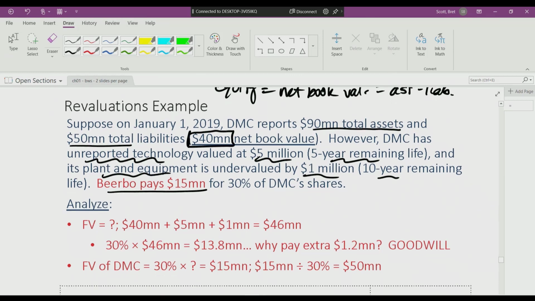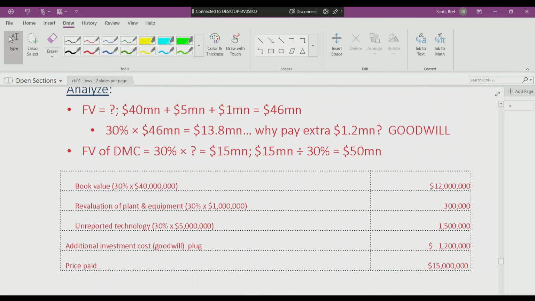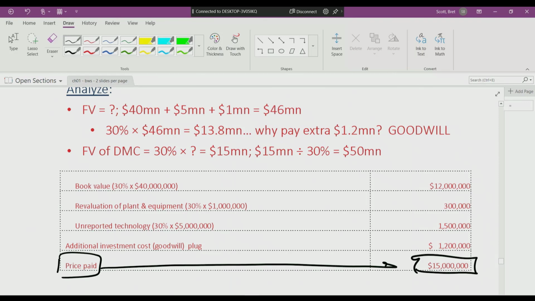A lot of different numbers. Here's what I recommend you do. First and foremost, let's take a look at this chart down below. Overall price paid was $15 million. Why did we pay $15 million? Well, here's part of it. We're getting a 30% stake in the book value of the company, the equity.